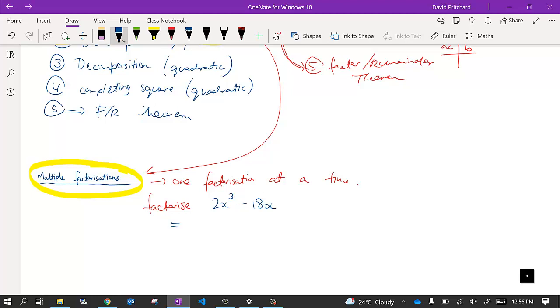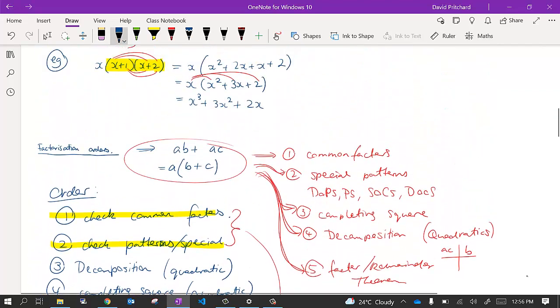So we can see that 2 is a common factor, but also x. And as soon as we pull that common factor out, we're left with x squared minus 9. So this is what I mean by being able to, first of all, pull out common factors, but then see any patterns. So this guy here, you should notice straight away, is DOPS. And it's in that form, x squared take 3 squared. So we can then complete this factorization. We can say this is 2x, and this x squared take 9 can be factorized into x plus 3, x take 3.